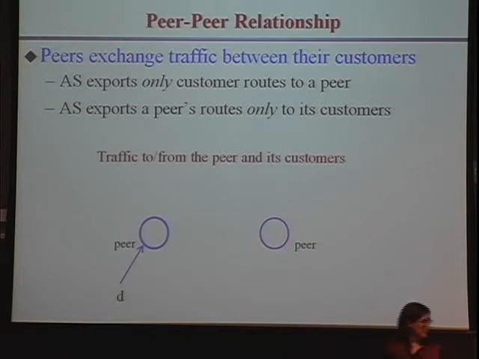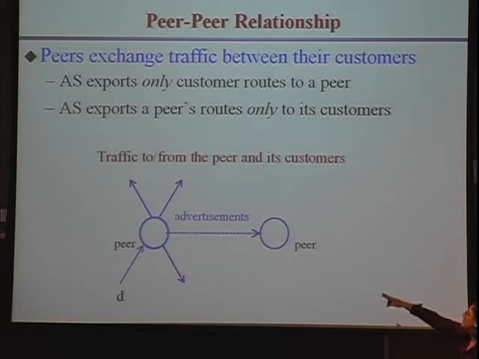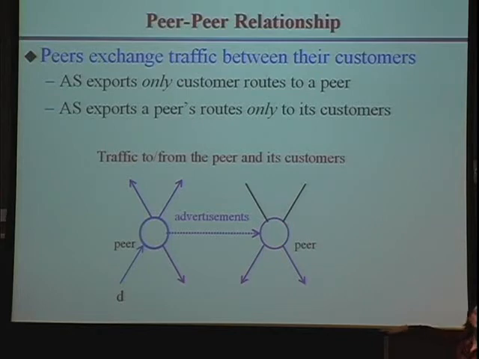Okay, and so they do. So a destination, let's say at one peer, he would learn from his customers how to reach D, and he would tell his peer as promised to his customer, and his peer will tell only his own downstream customers, not other peers or other providers. Because this link exists free of charge just to carry traffic between their respective customers. It doesn't exist to carry other traffic.